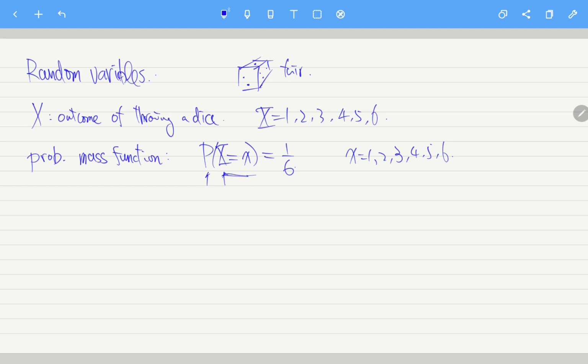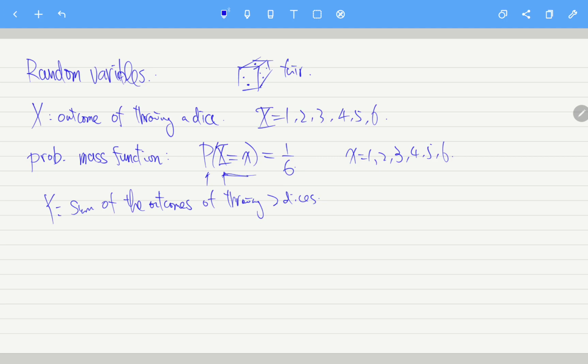And maybe you can write something more complicated, like if you throw 2 dice and the sum of the outcomes, we denote it as y. The sum of the outcomes of throwing 2 dice.